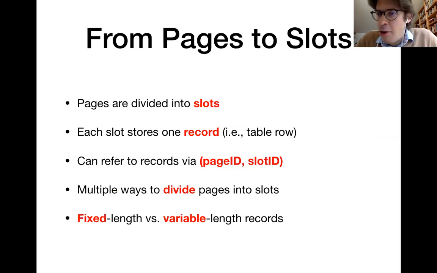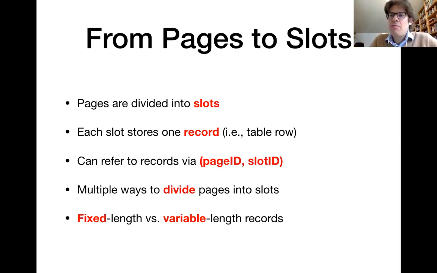So now those are possibilities for how we can bind together different pages that store data from the same table. Now we have said that one of those pages stores data about multiple rows in a table. So we somehow need to partition the entire page into different sections that store different rows.